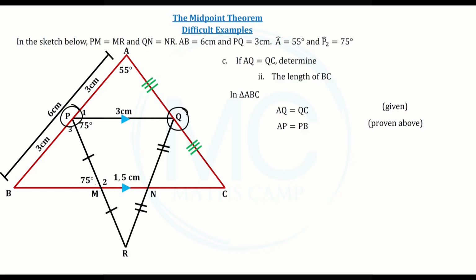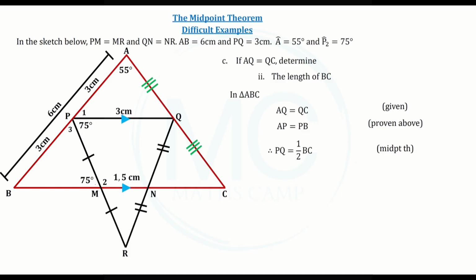According to the midpoint theorem, if we have a line drawn between two midpoints, P and Q, it is parallel to the third side, BC, and half the length. So we now know that PQ is equal to half the length of side BC. And as our reason, we say midpoint theorem.